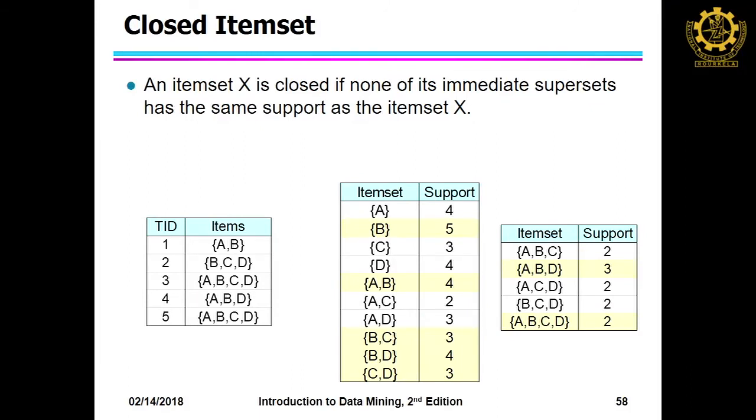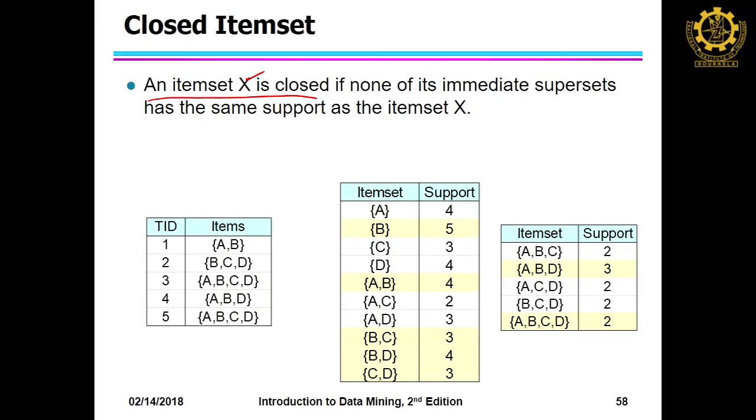Now, the closed item set: an item set X is called closed if none of its immediate supersets has the same support as X. It has nothing to do with frequent or infrequent. A superset obviously cannot have more support than the concerned item set, so it should have lesser support.